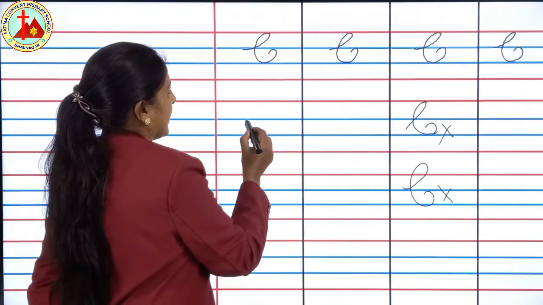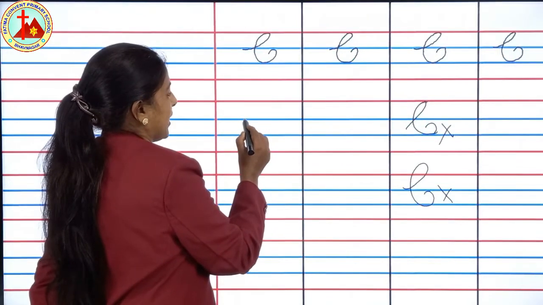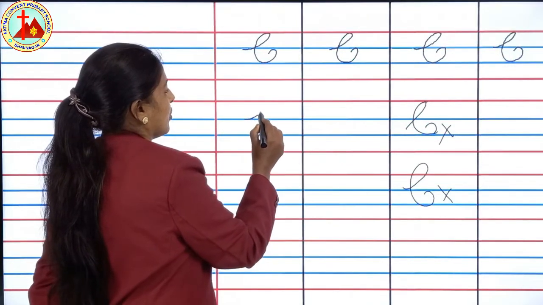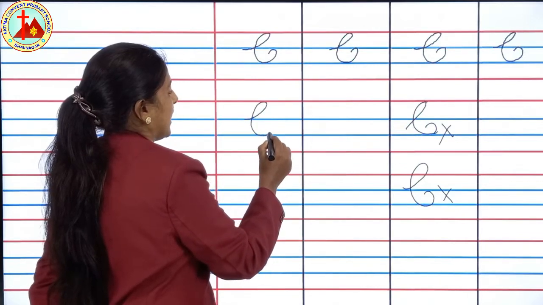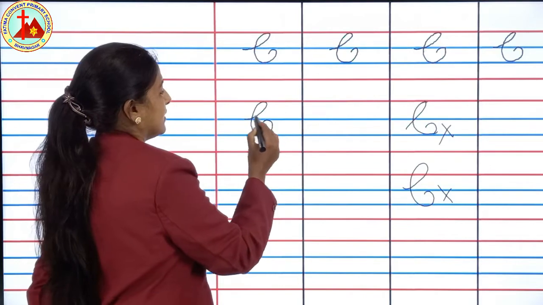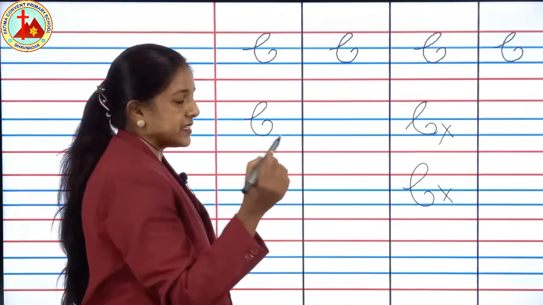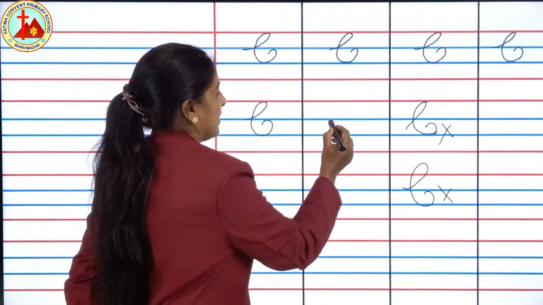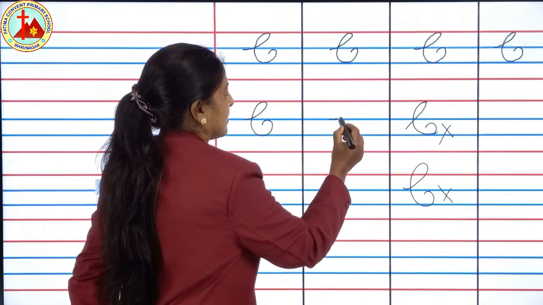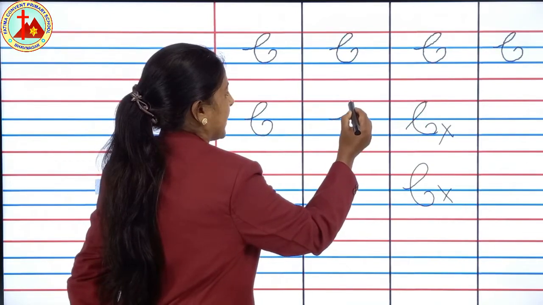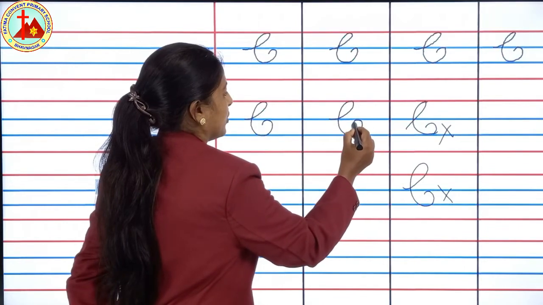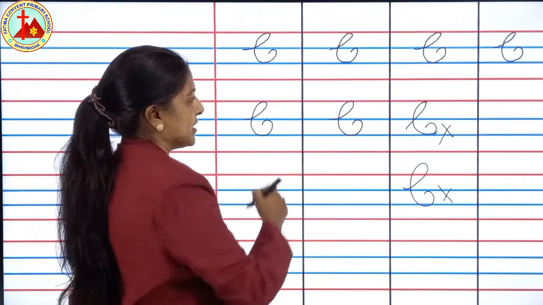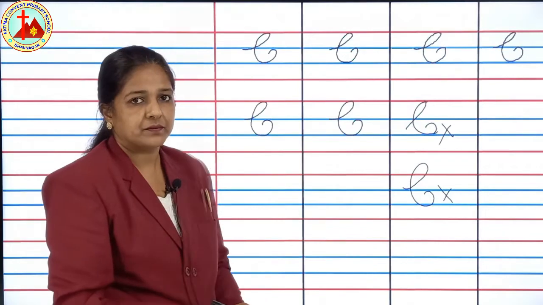Again, starting from the blue line here, go up to the red line, come down to the blue line, turn inside. You can see how Miss is moving her hand. Up red line, down blue line, turn, cursive capital C.